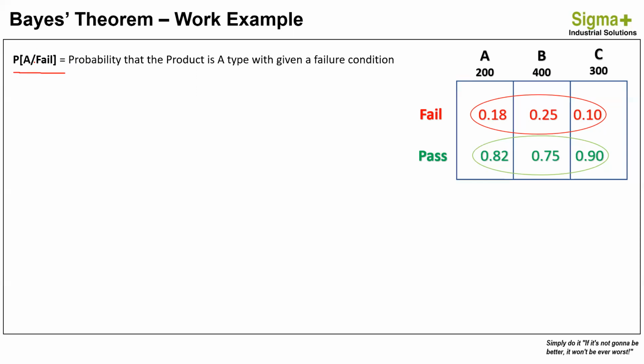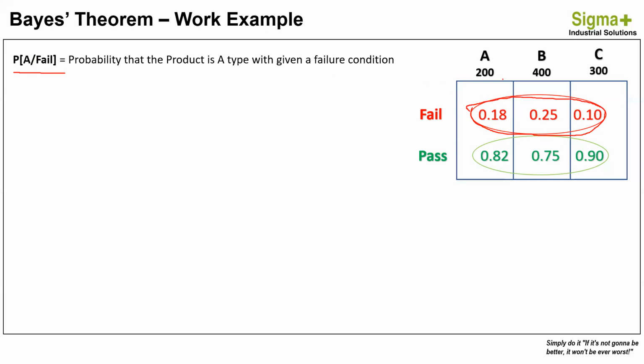Okay, so here when I'm speaking about the probability of A subjected to fail, or under the condition that the product is a fail unit. Okay, so the fail unit is as I highlighted in red here. So that will be my sample space, right?